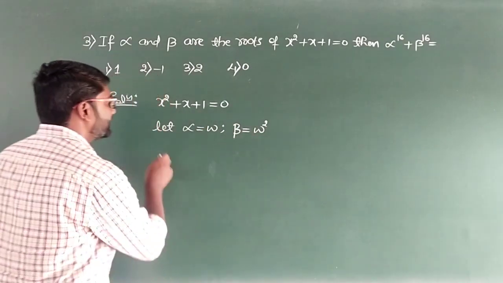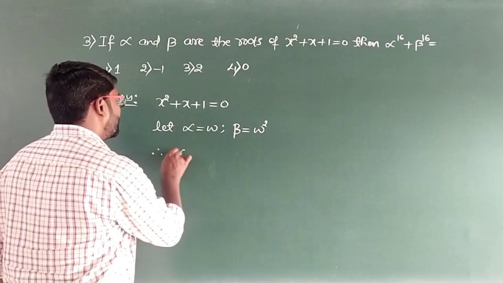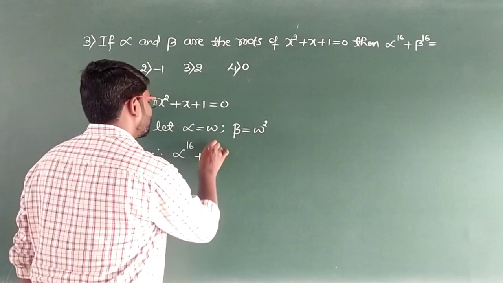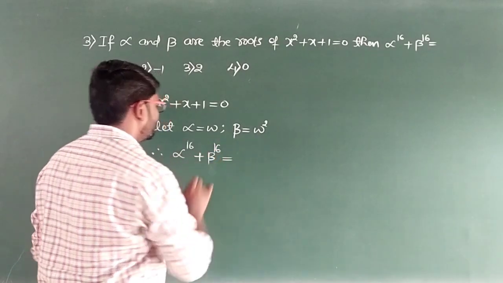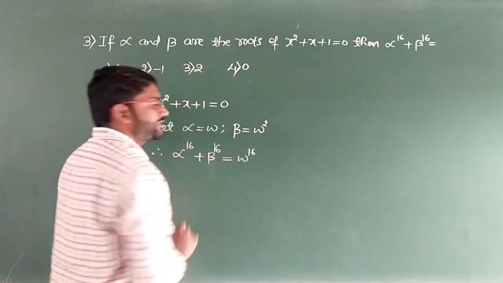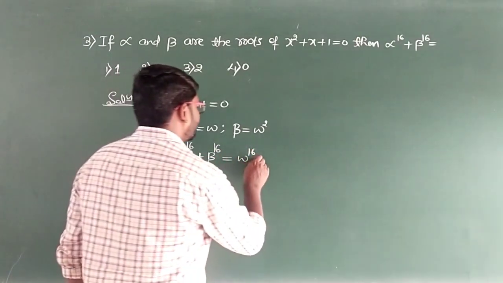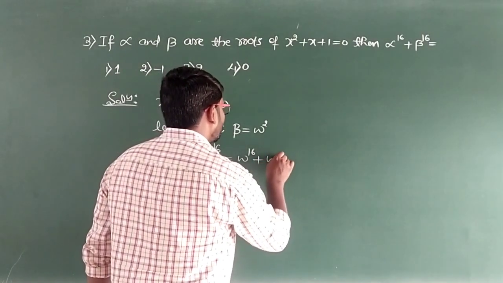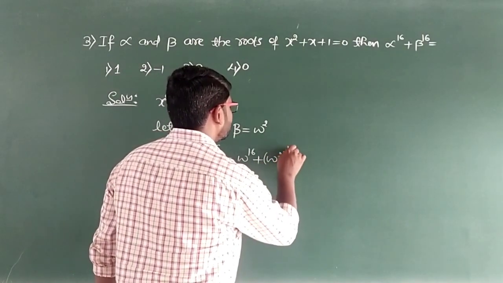Let us consider the given condition now. Therefore, alpha to the power 16 plus beta to the power 16 is equal to, alpha is nothing but omega to the power 16, plus beta is nothing but omega square whole to the power 16.